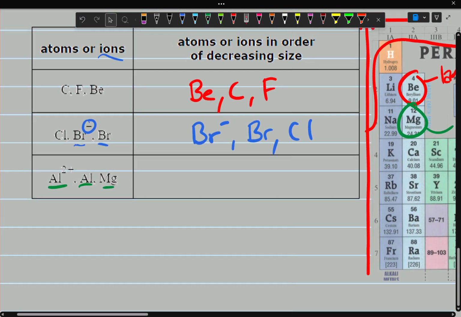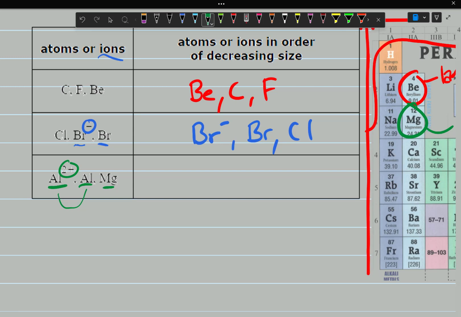And we have to compare aluminum 2+ to aluminum neutral. The 2+ indicates that we have 2 electrons removed from neutral aluminum, giving it a net positive charge. So aluminum neutral is going to have more radius surrounding its nucleus because it has more electrons.